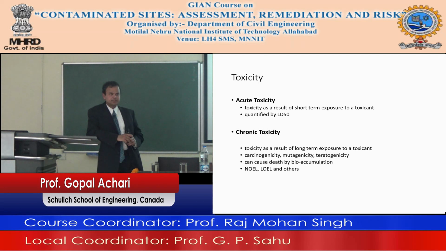A very good example of a teratogen is thalidomide. Are you familiar with thalidomide? Thalidomide was a drug given, and sadly enough, it was given to expectant mothers in the early 60s, late 50s, to control their morning sickness.